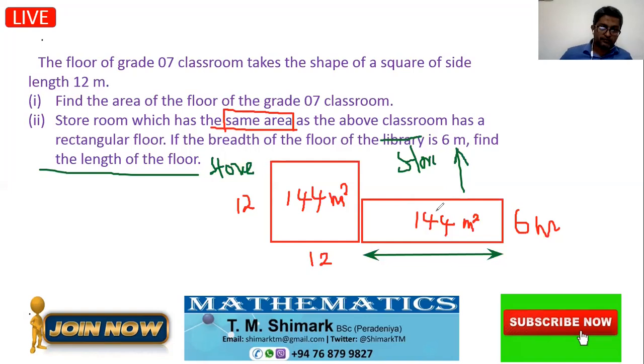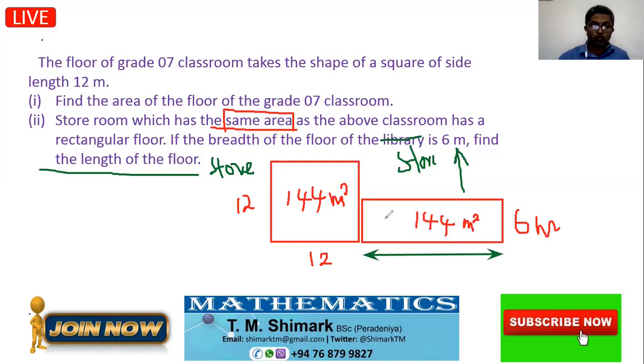Because we found it in the first question. They said the storeroom has the same area as the above classroom. Classroom area and storeroom area are the same. They said the breadth is 6 meters, and you find the length of the storeroom.